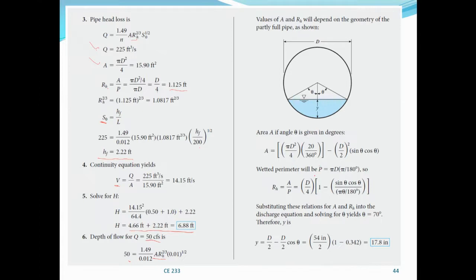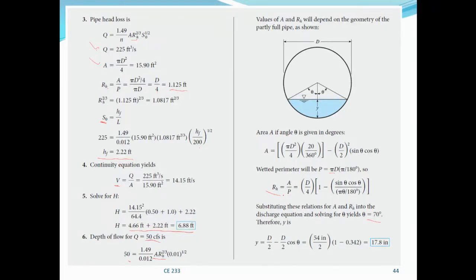And don't forget the wetted perimeter is pi d. So A over P gives our hydraulic radius. And when you substitute into the discharge equation, we find theta to be 70.